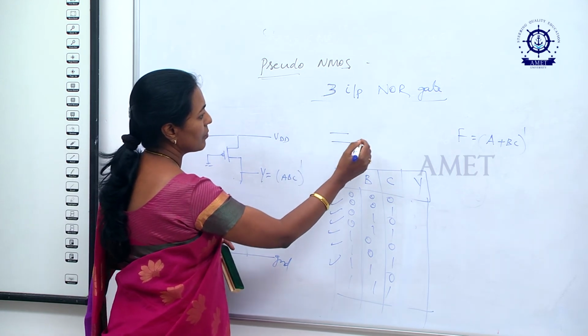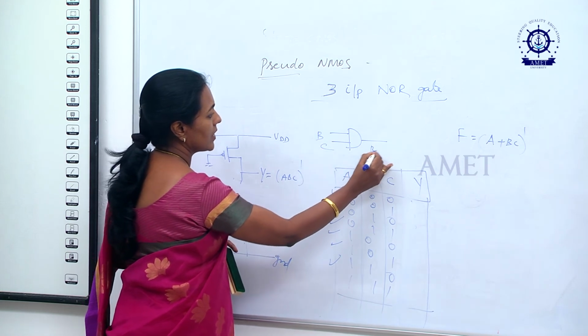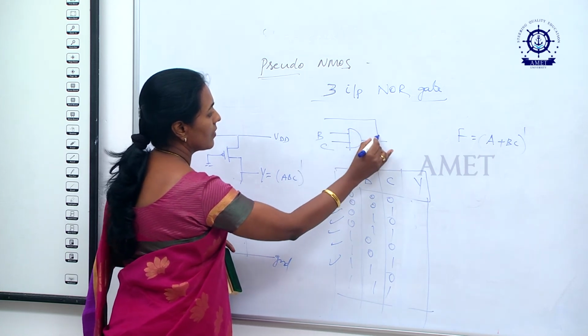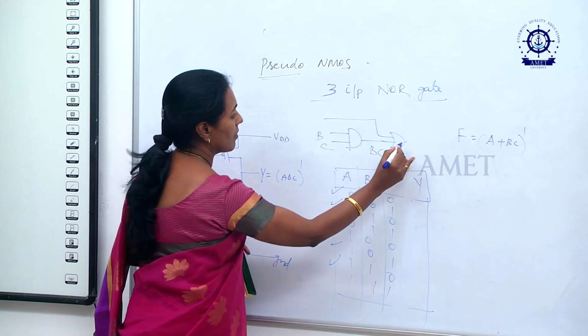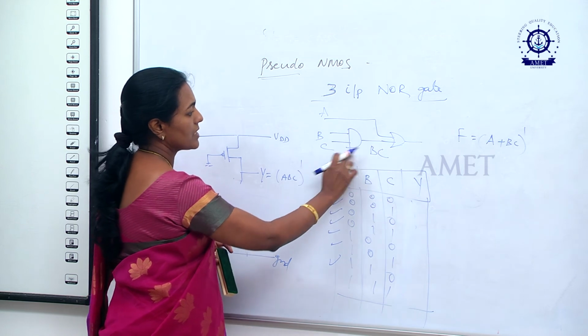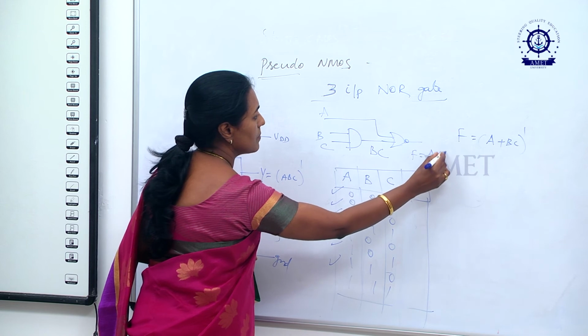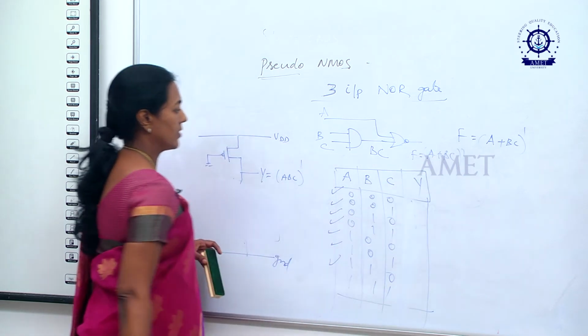F is equal to (A plus BC) the whole complement.